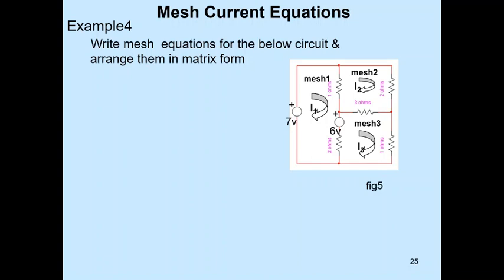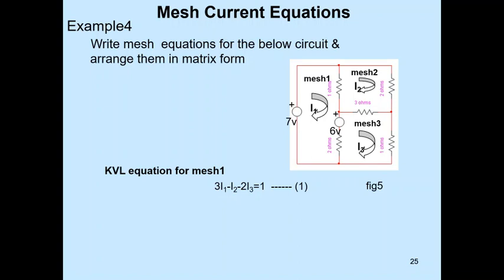So we identified 3 meshes, mesh 1, mesh 2, mesh 3. The direction depends upon our assumptions. We have taken the directions I1, I2, I3 as shown in the figure.